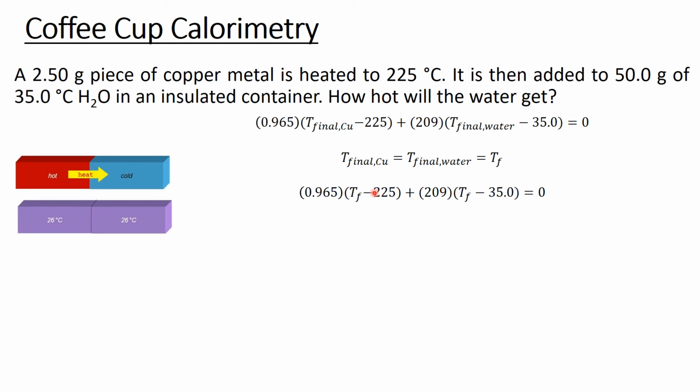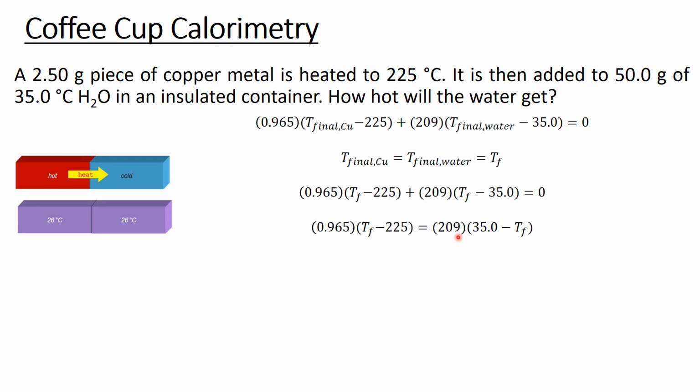So from now on out, it's just a matter of algebra. So the first thing I'm going to do is move this term to the other side of the equation by subtracting it. So I wrote 0.965 times TF minus 225 is 209 times quantity 35 minus TF. So rather than put the negative sign out front, I flipped the sign of these two terms, which is the equivalent thing, and that means I have less negative signs to keep track of.